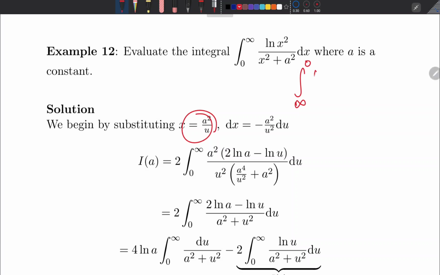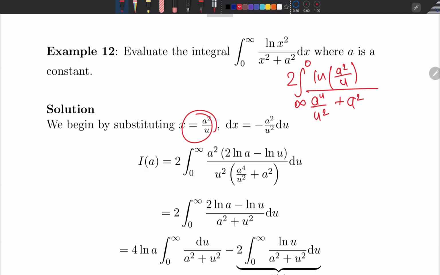We have the natural logarithm, which can be written as 2 times the natural logarithm of x, which is a squared over u, over a to the 4th over u squared plus a squared.